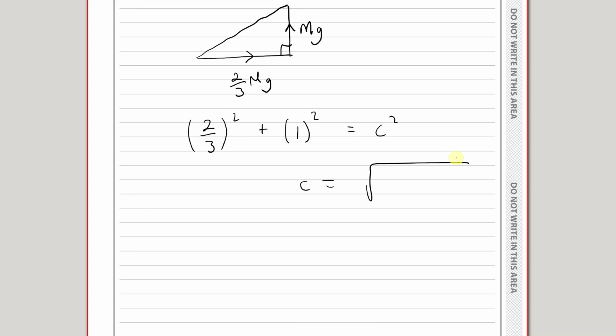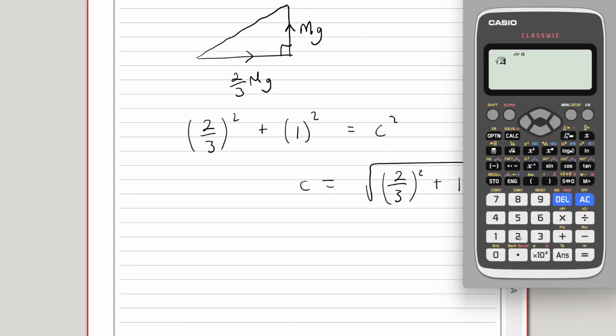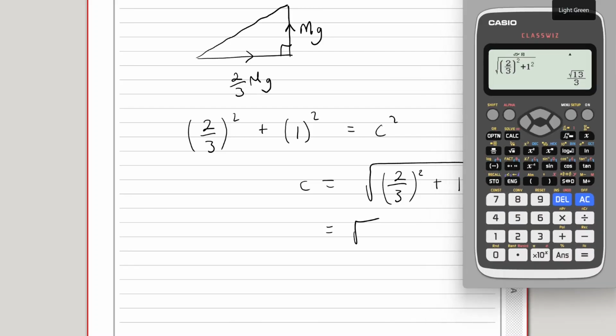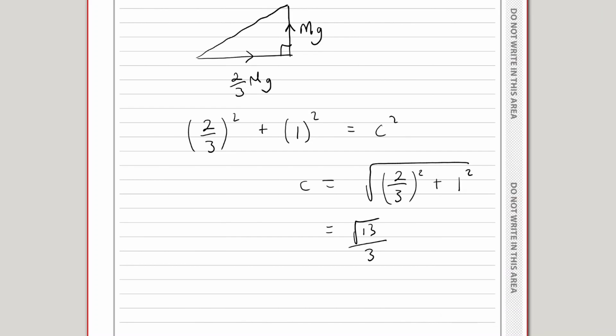So it's the square root of 2/3 squared plus 1 squared, which is root 13 over 3.